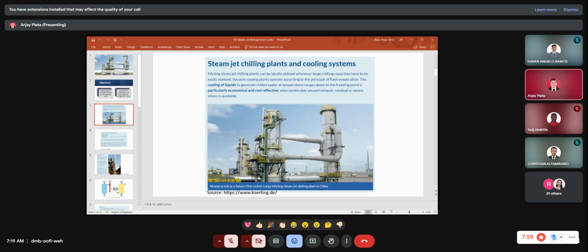In steam jet chilling plants, it operates according to the principle of flash evaporation. The cooling of liquids to generate chilled water at temperatures down to the freezing point is particularly economical and cost effective when unused exhaust or residual excess steam is available.